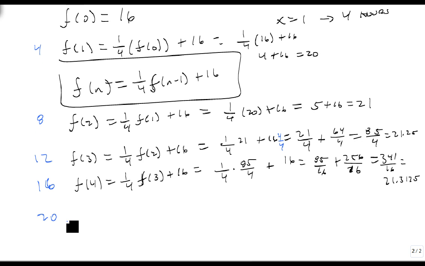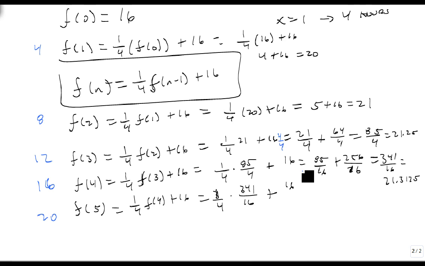So at our last one, f of 5, that's 1/4 of f of 4 plus 16, which is 1/4 of 341 over 16 plus 16. Well, 4 times 16 again is 64. So we multiply by 64 over 64.